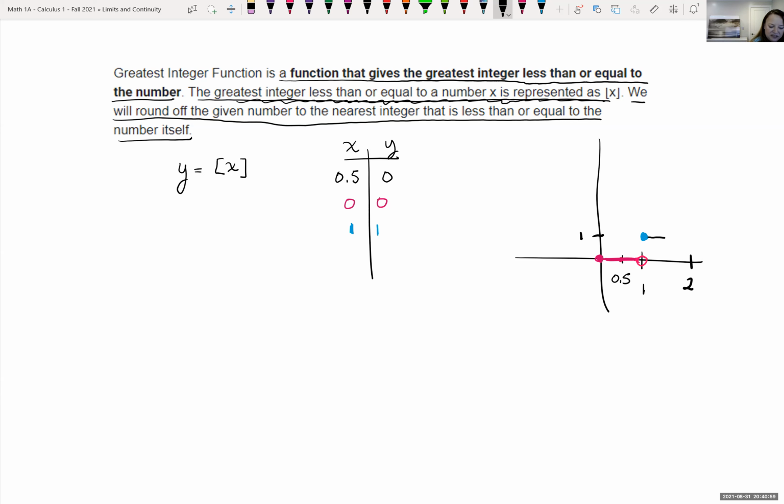So I'm going to have this horizontal line again with a solid circle at 1, 1, and then an open circle at 2, 1. Because once I hit 2, that's an integer, and it's going to be a closed circle at 2, 2. So this is why it's called the step function. It keeps on going like a step.